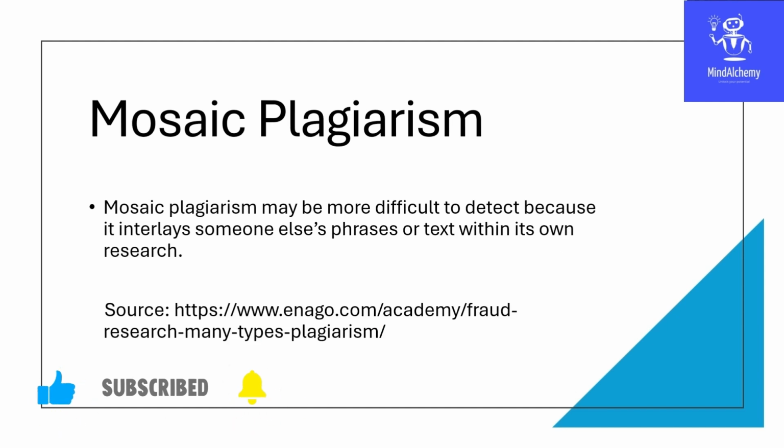After this comes mosaic plagiarism. Mosaic plagiarism is also a special form of plagiarism. In mosaic plagiarism, there are certain things which we need to be very careful about. Mosaic plagiarism occurs when a writer reuses a mix of words, phrases, and ideas from a source without indicating which words and ideas have been borrowed.